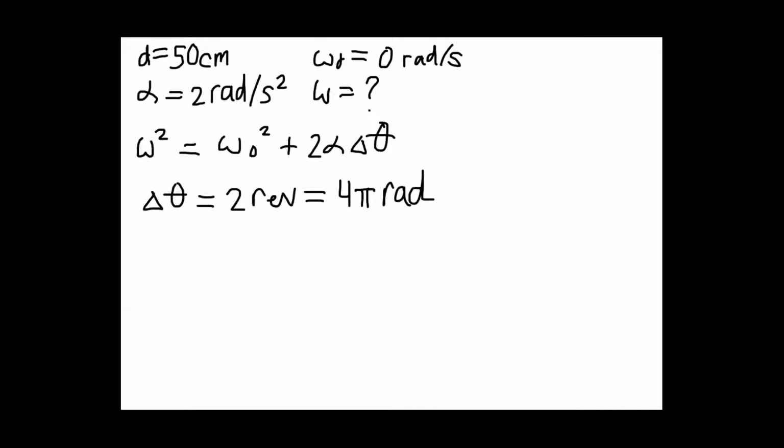Okay, moving on. We can now put all these values in our equation and find a value for omega. The only reason we're doing that is because we need omega for our first equation, which was radial acceleration equals r omega squared.